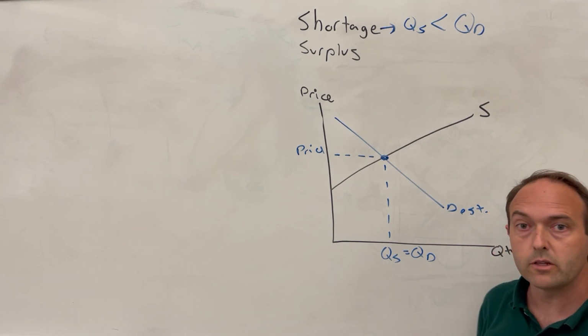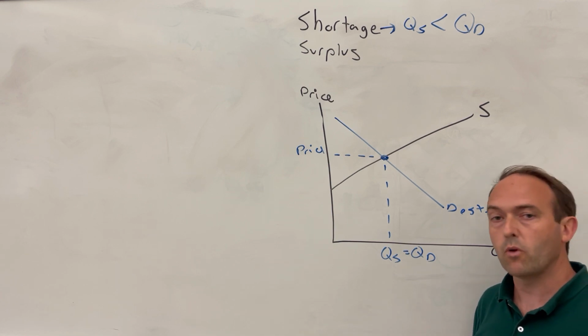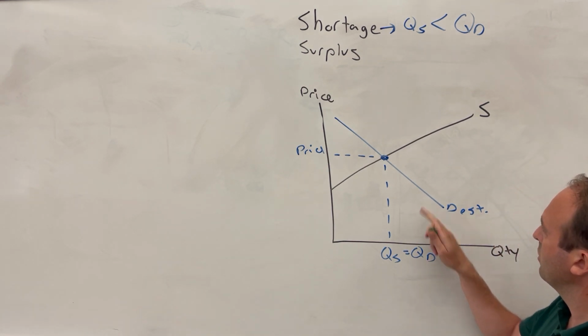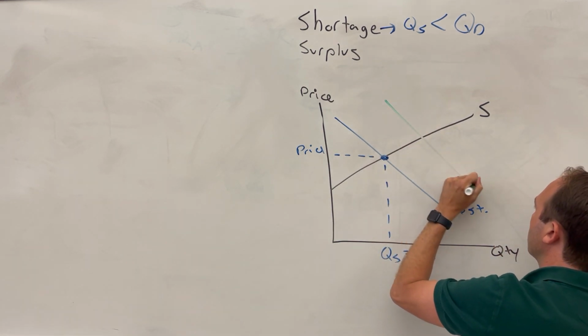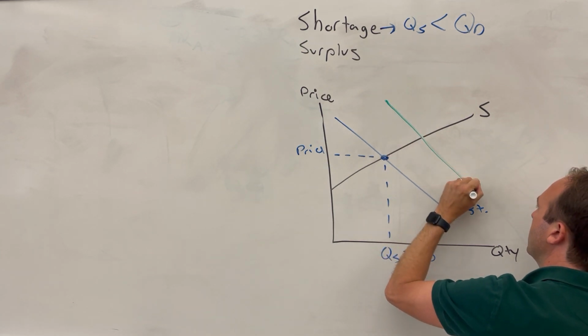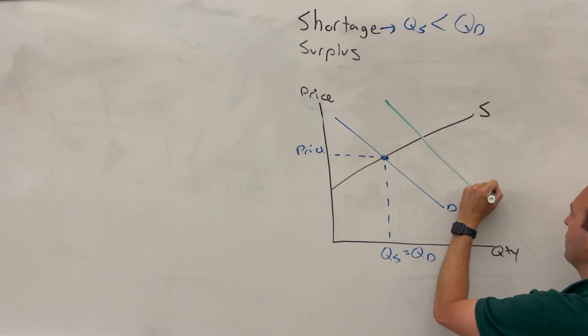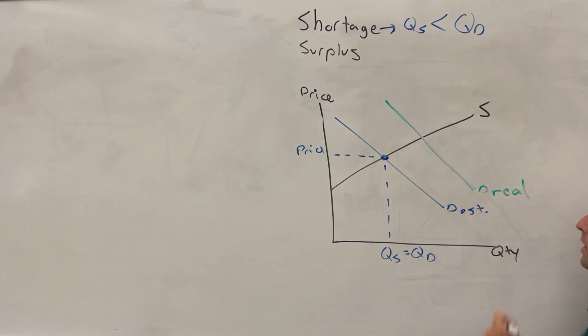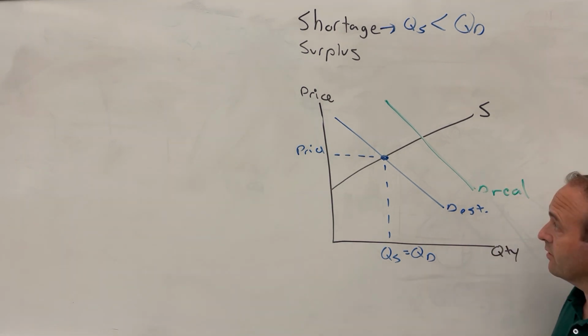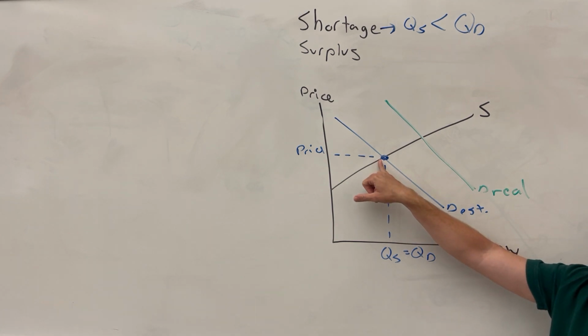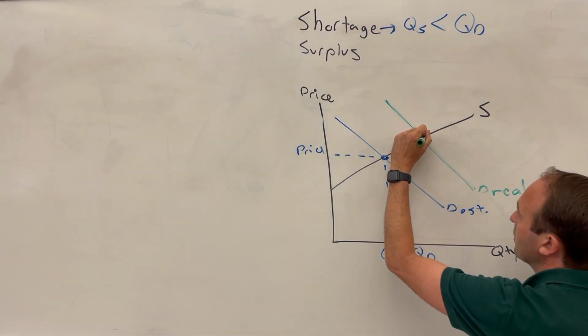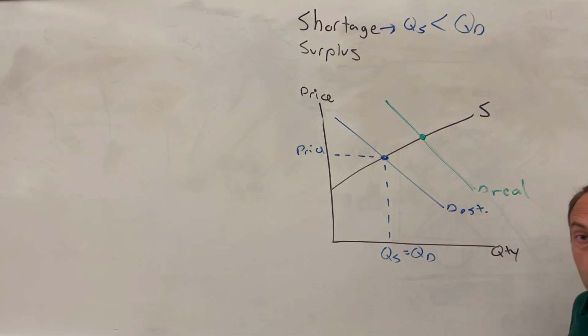But what if it turns out the demand for their product is actually quite a bit greater, right? Instead of it being this blue line here, what if it were this green line here, right? What if this was the real demand? If that's the case, the real equilibrium point is not this blue dot here, but it is this green dot up here. That would be the real equilibrium point.